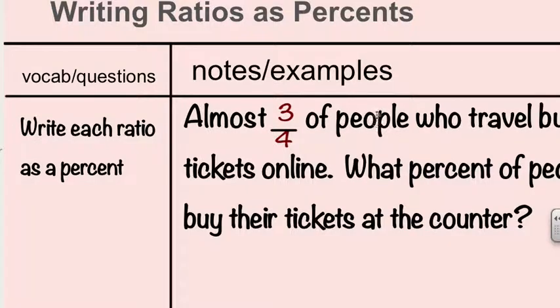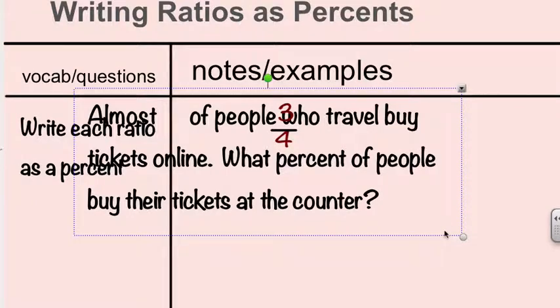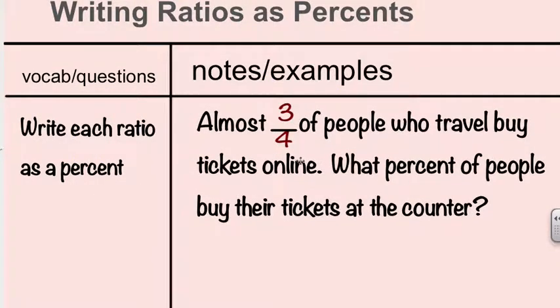All right, almost 3/4 of people who travel buy tickets online. What percent of people buy their tickets at the counter? This is where they're trying to get you. What percent of people buy their tickets at the counter? If I'm at the counter, am I online?